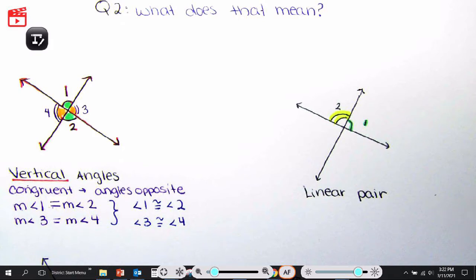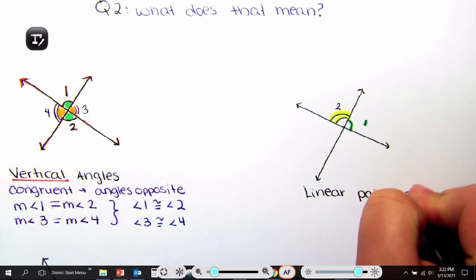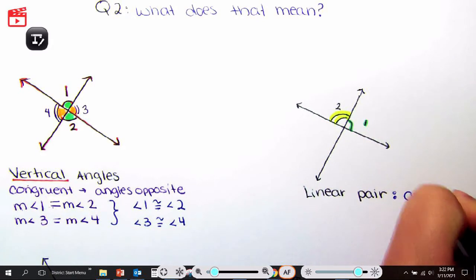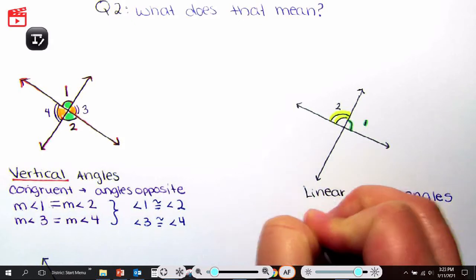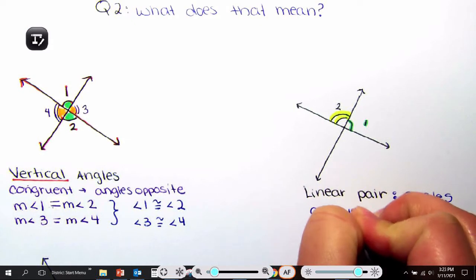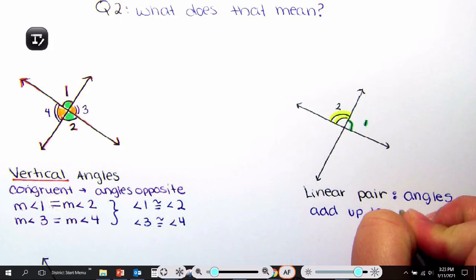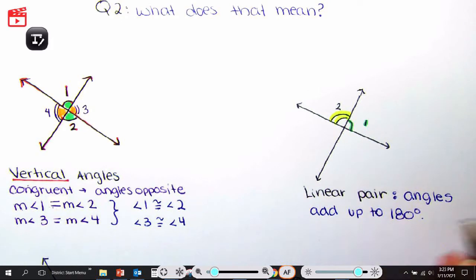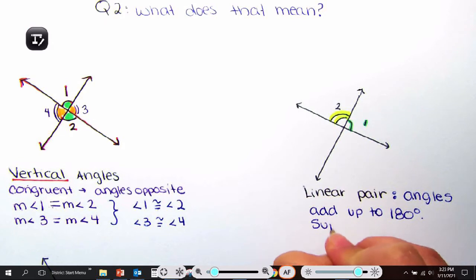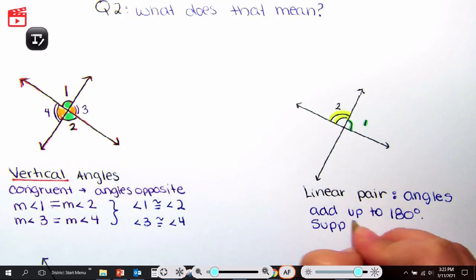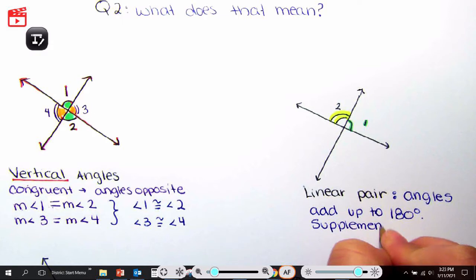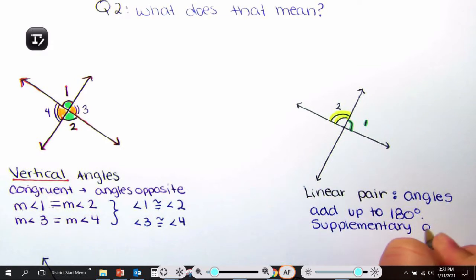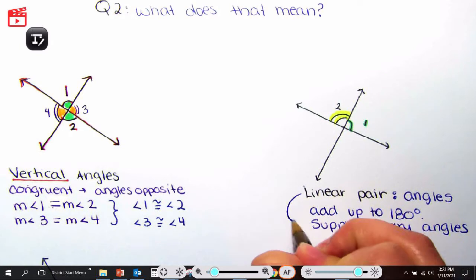But what does linear pair mean? Linear pair means the angles add up to 180 degrees. That means that the angles are supplementary. So, what do we have?